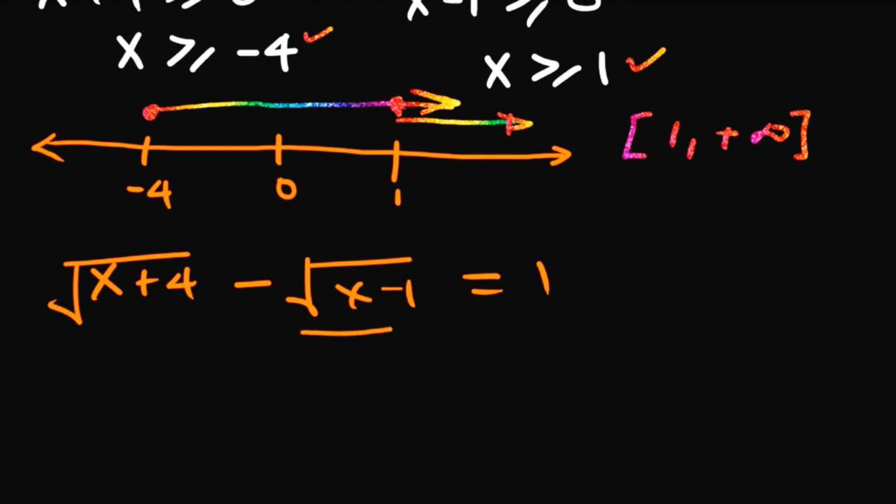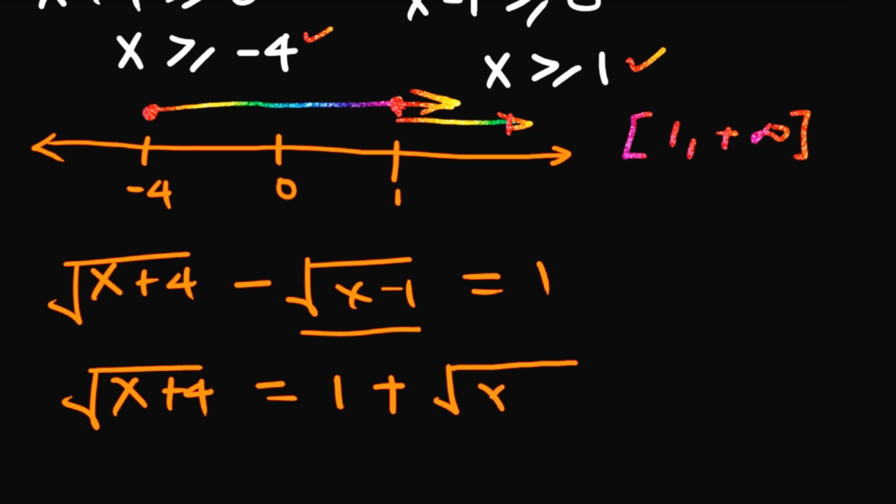So we can take this portion to the right so that we have the square root of x plus 4 is equal to 1 plus the square root of x minus 1. So now from this point, we can just decide to square both sides to get rid of the root sign on the left hand side. So we do the same to this side.